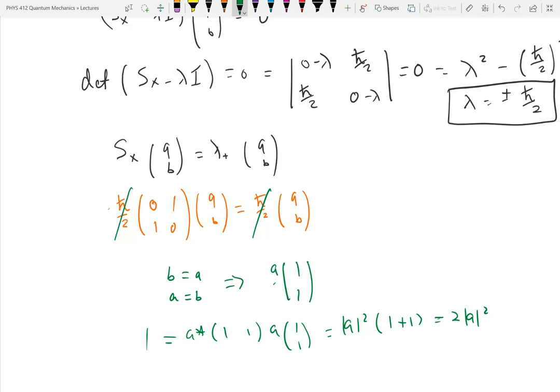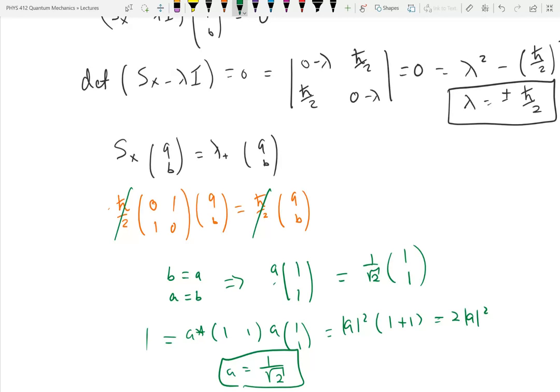But that had to be 1, so what is A equal to? And that's, of course, just taking the real option because there's a plethora of other options I could have taken. So there is my eigenspinor for the Sx.